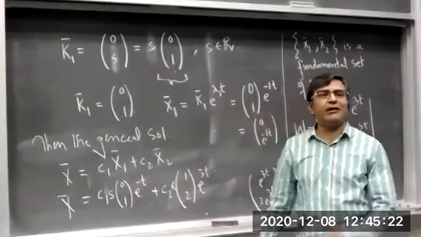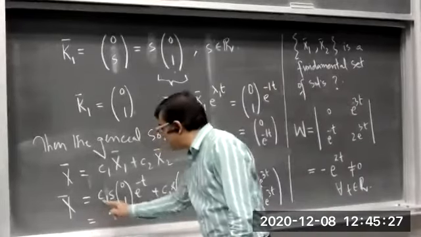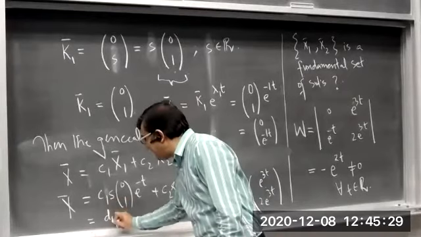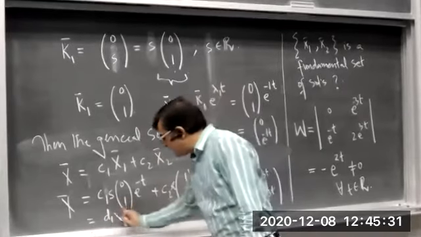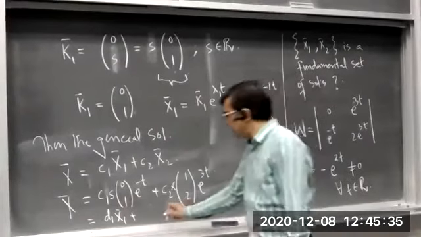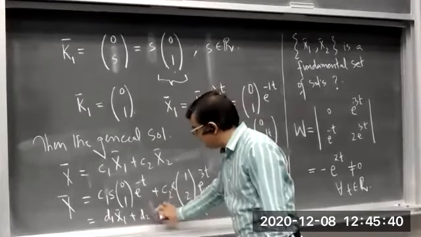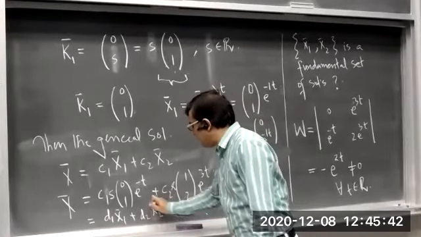S is a constant, C1 is a constant, so they are arbitrary constants. So we can write C1 S as D1 constant, and it is multiplied with x1, again the solution, and the other constant becomes D2 constant, and it is again multiplied with x2.